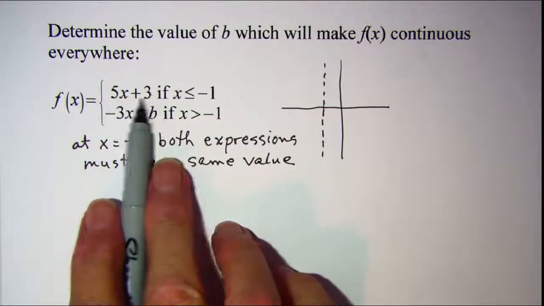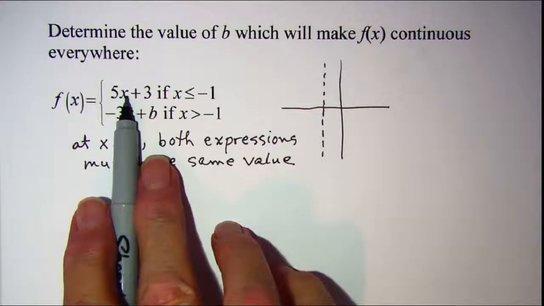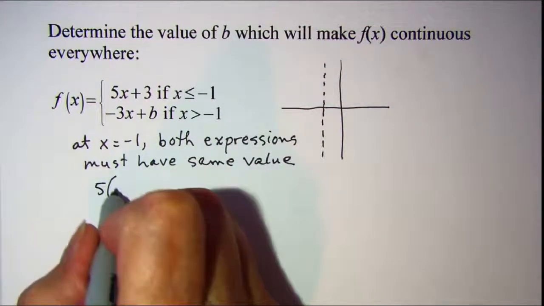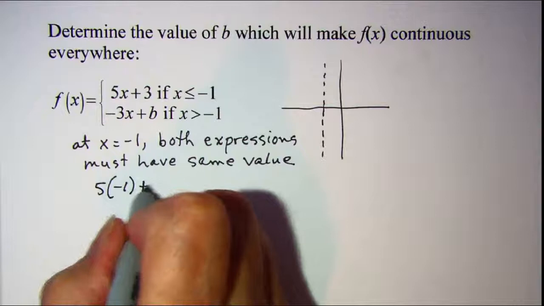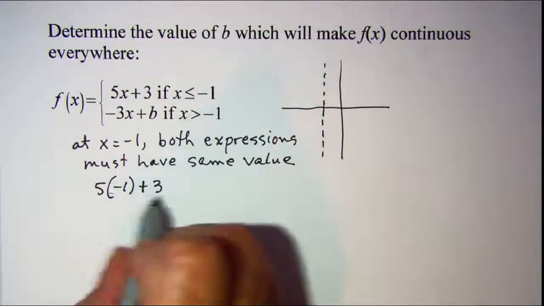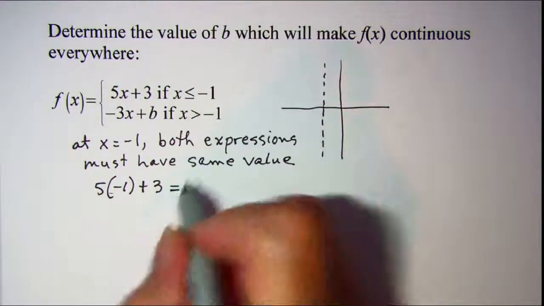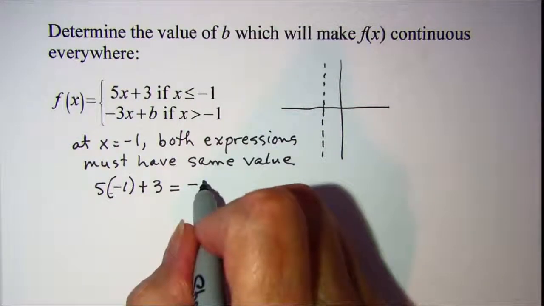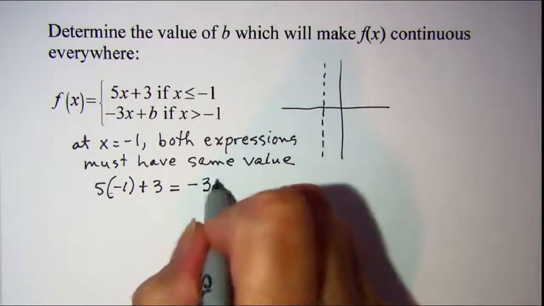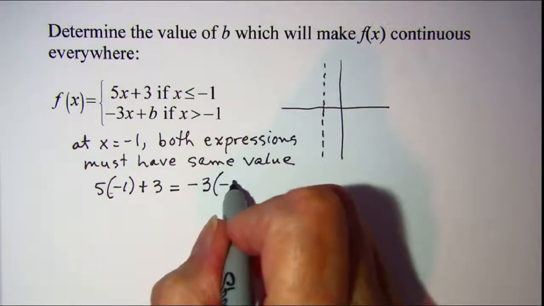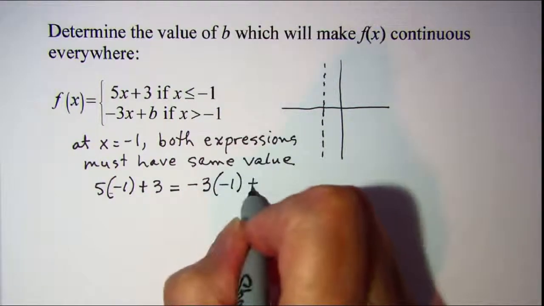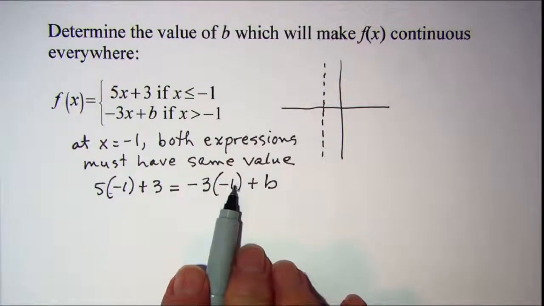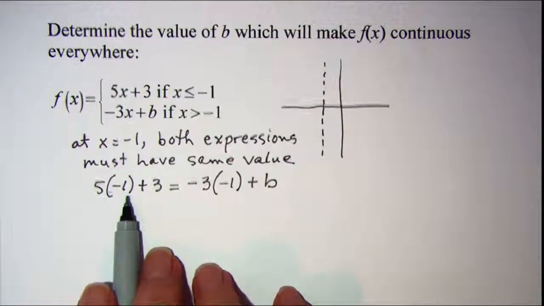This top function, if we put -1 in here for x, we get 5 times -1 plus 3, and that value must be equal to the value we get here on the second expression when we sub in -1 for x. So the two expressions must be equal when x equals -1.